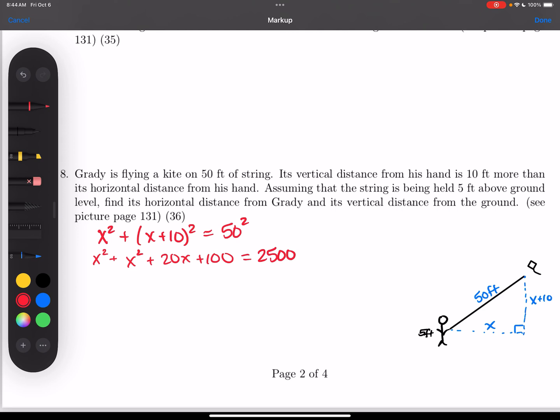So then I'm going to combine like terms, and I'm going to move this 2,500 over here as well so I can set up a quadratic equation. So 2x squared plus 20x minus 2,400 equals 0.